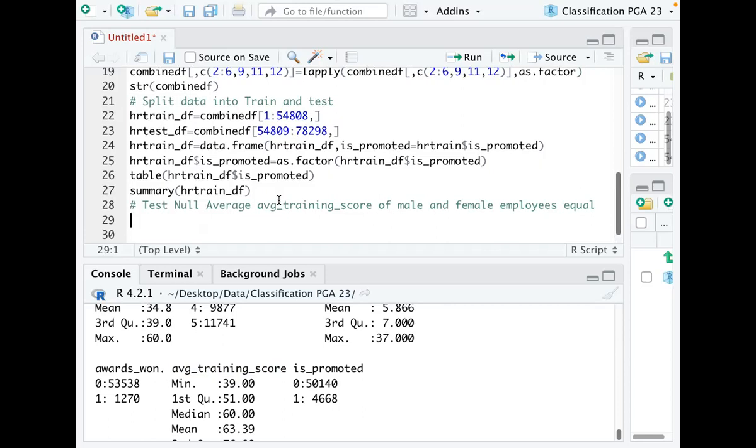So what we have to do first, we have to do the aggregate. Then we write the null and alternate. Then we run the test directly. And the inference is based on the p-value.